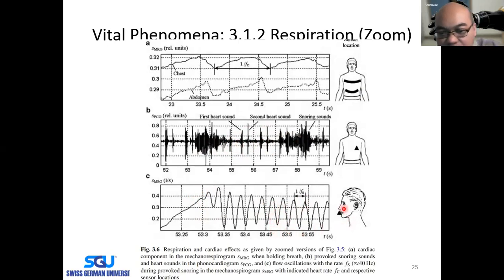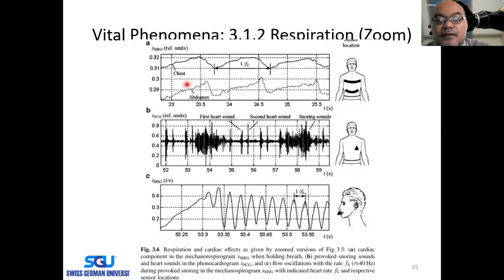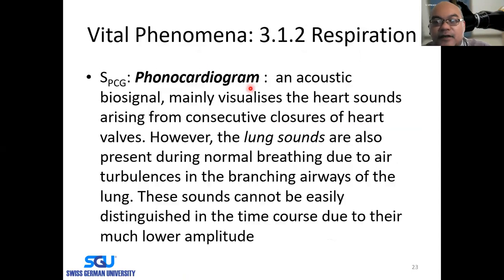respective sensor location. This is the sensor location. When holding a breath, the mechanorespirogram in figure 3.6a discloses a residual cardiac component. This is during the breath-holding region.